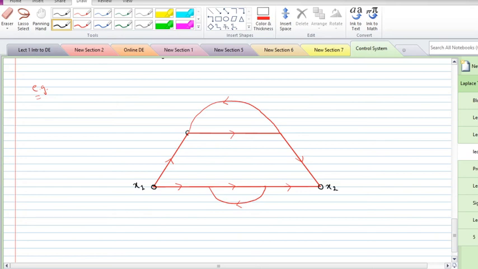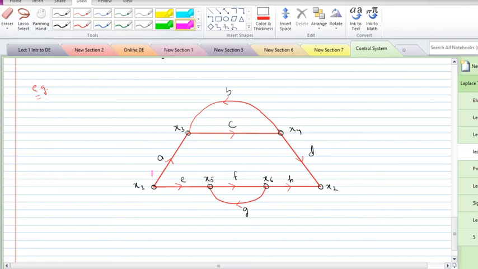Suppose these are intermediate nodes x3, x4, x5 and x6, and here A, B, C, D, E, F, G, H are the path transmittances. So here there are two possible paths.